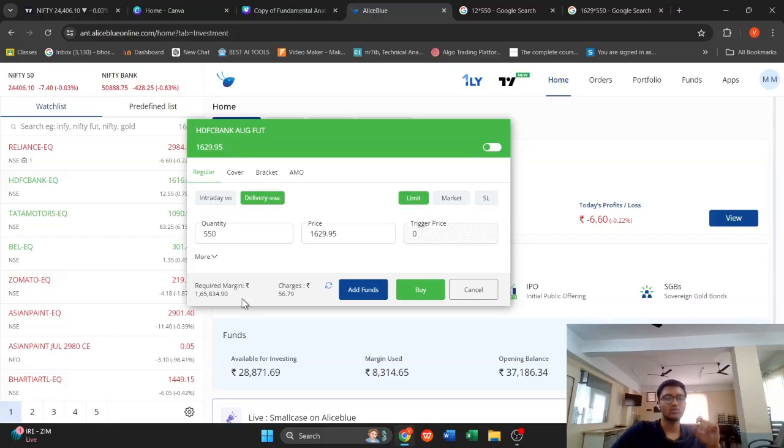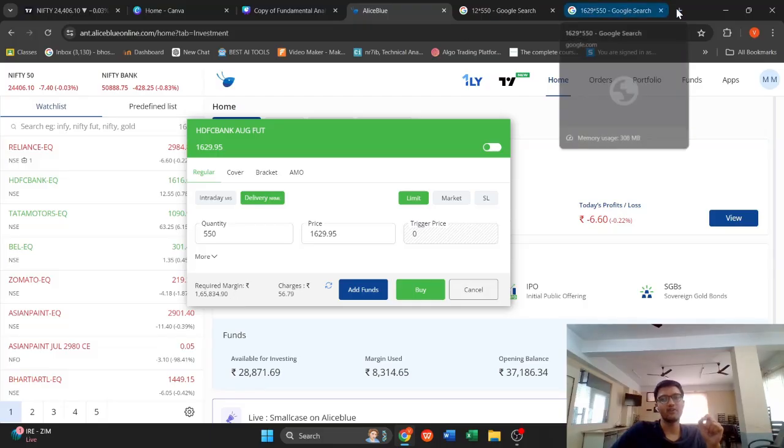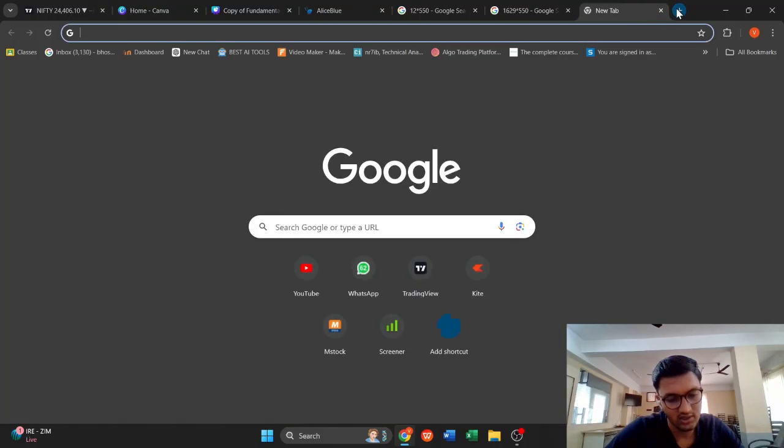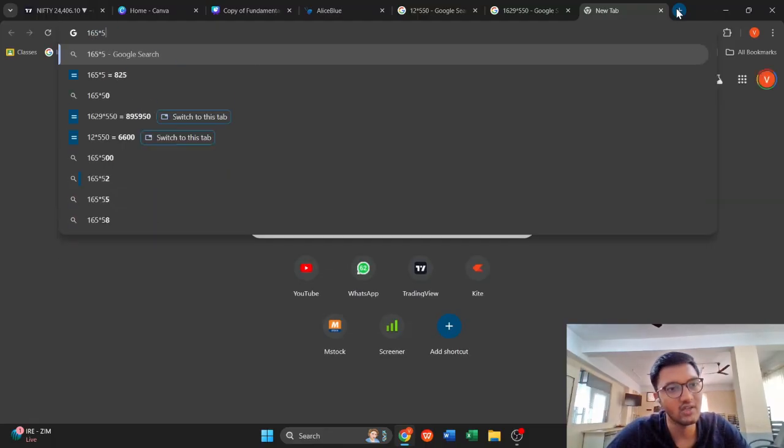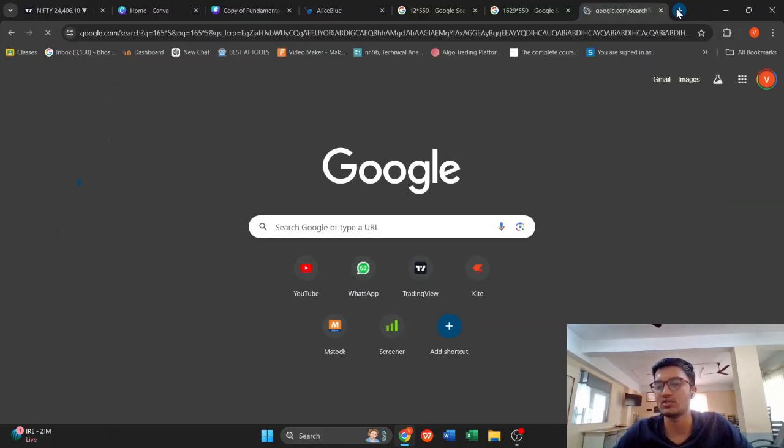So you understood. How much is my leverage now? My leverage is around 5x. It's around 20% margin. 1,65,000 into 5, 165 into 5, will be around 8,25,000.